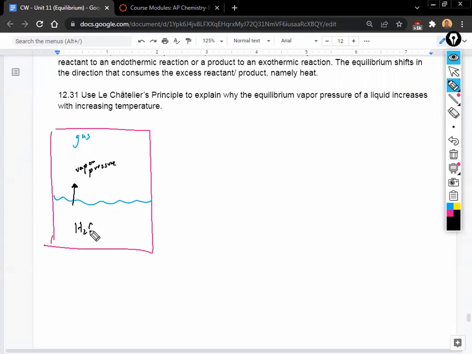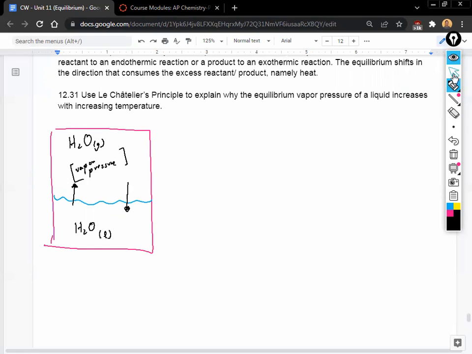Water is a liquid, and the water molecules are going to turn into water vapor, into a gas. But on the surface, some of the gas molecules are going to turn back into a liquid. There's this equilibrium where some turn into gas, some turn into liquid, but they keep a consistent pressure. And that's what we call a vapor pressure.